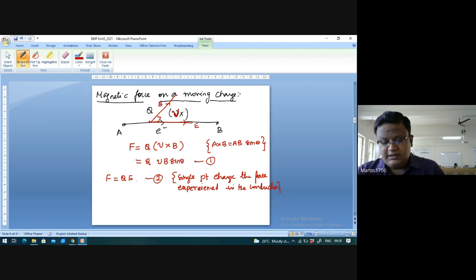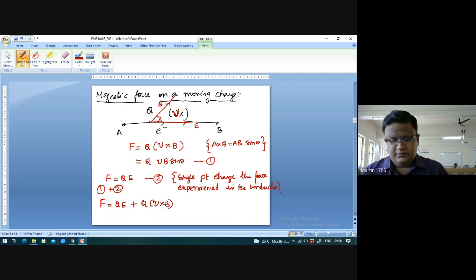Then what is the total force obtained? We have to sum up the first and second equations. Adding the first and second, the total force becomes Q into E plus Q into V cross B. Since you have studied physics, you can tell what this equation is called.